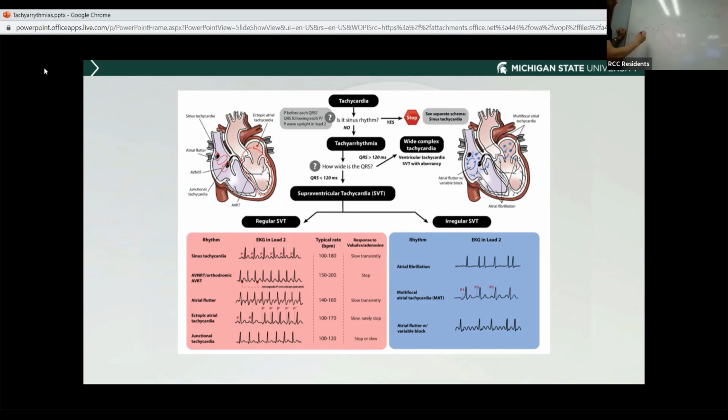So this is the first one. You'll have a rhythm that passes through the AV node with an abnormal looking P wave, but it's consistent in all the QRSs. So every QRS is preceded by an abnormal looking P wave. However, it's a narrow complex because it goes through the AV bundle.